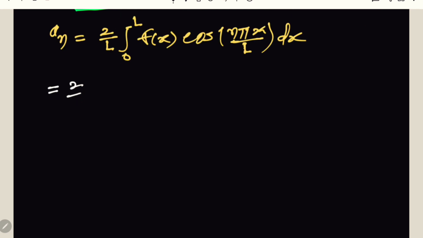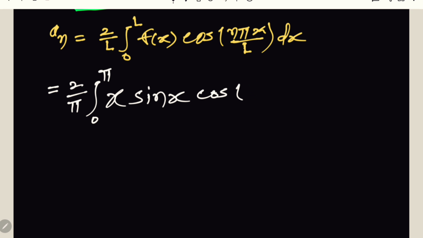Substituting the value of L as pi, we get 2 by pi integration from 0 to pi, the function is x into sin x multiplied by cos of n pi x by pi. Pi gets cancelled, we get only cos of nx, and its integration with respect to x.